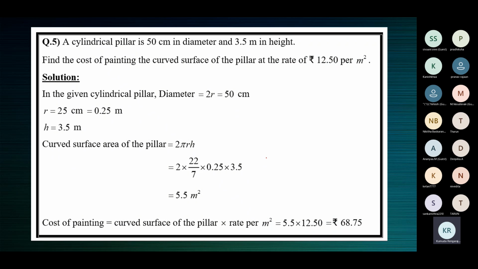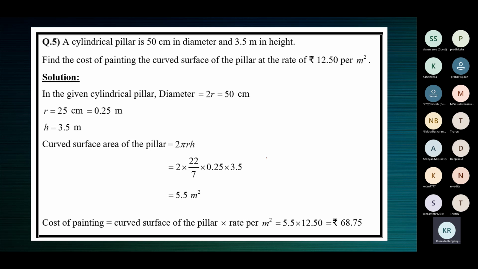I told you it is your choice to have the values in meter or centimeter. So here I've taken both the values in meter. Radius is 25 centimeter because the diameter is 50 centimeters.